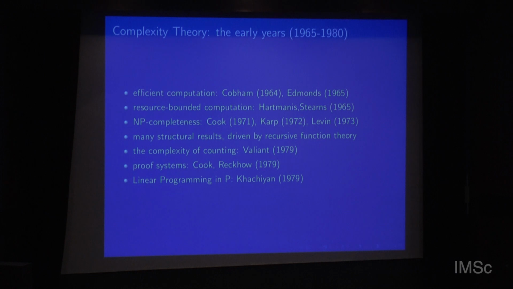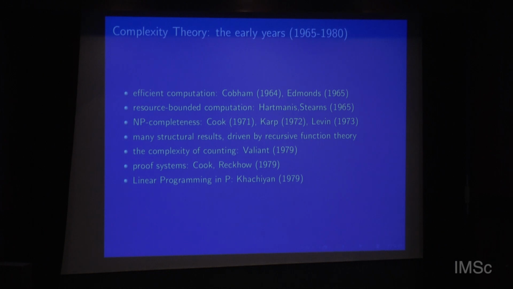This flurry of work was very different from what would have come directly from recursion theory, but at the same time many structural results were being explored in this decade as well as in the next decade, which were driven by recursive function theory. In recursion theory, you know about degrees of undecidability. What is the analog here if you are talking about tractability? Are there degrees of intractability? Okay, this problem is NP hard, it's very hard to solve.